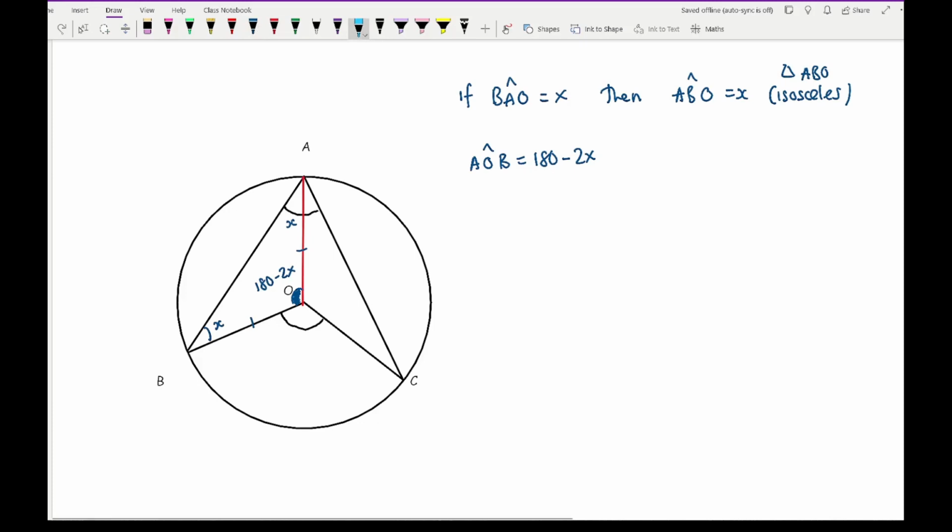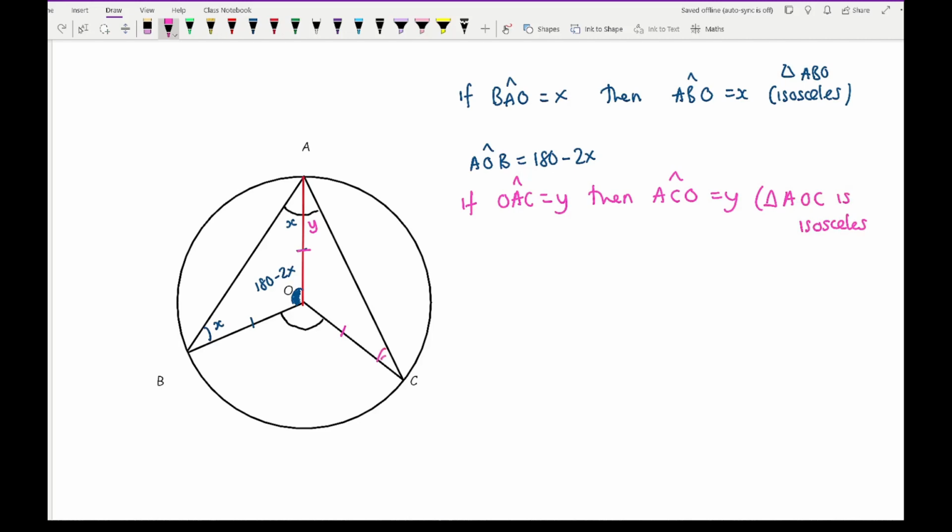So then if I take the other triangle, and let's use pink, let's call this angle y. Then for the exact same reasons, because this is an isosceles triangle, as AO and OC are the radius of a circle, if OAC equals y, then ACO also equals y, because the triangle AOC is isosceles.